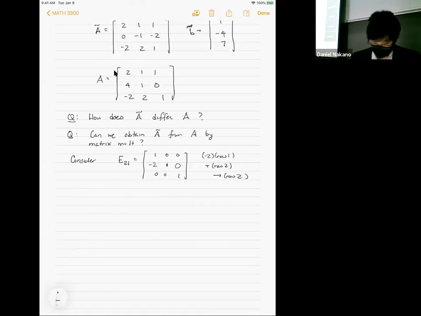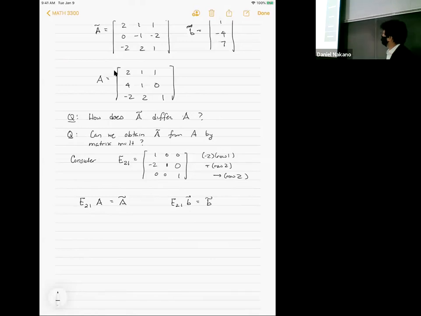So you can see that if I take E21 A, then I get A tilde. Does everyone see that? Yeah, this matrix multiplying that. And moreover, if I take E21 on B, I get B tilde.